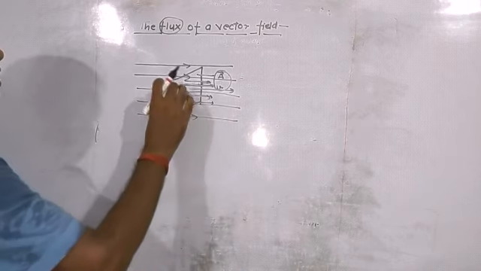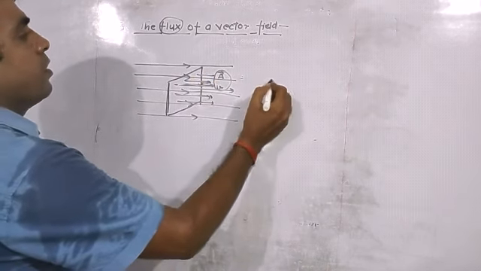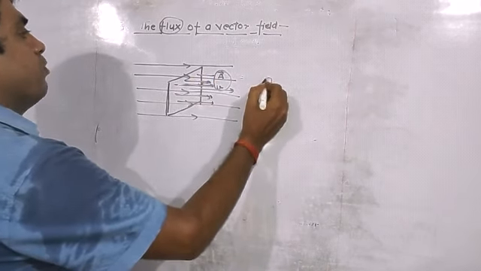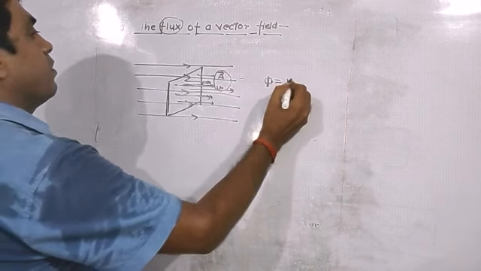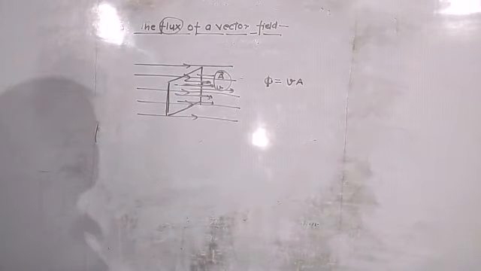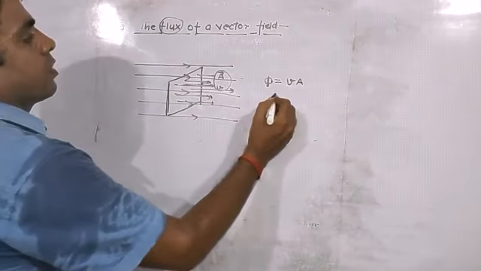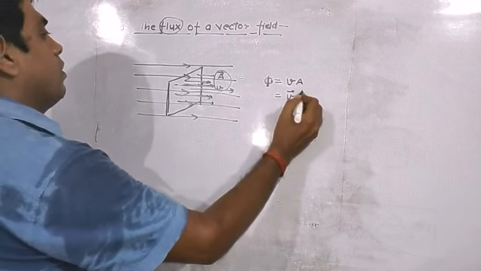So the flux that is flowing through the rectangle or the square will be given as phi. तो flux को phi से denote करते हैं. तो phi is given as v into A. Now in vector terms, phi will be given by v dot A.